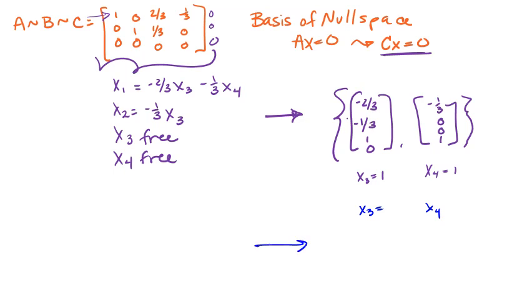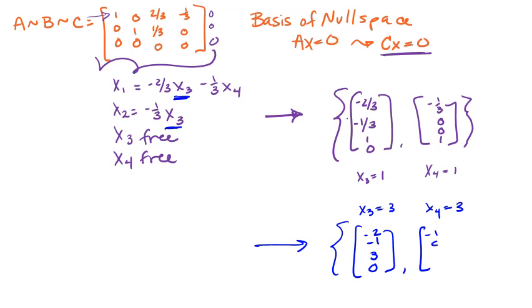So if x3, for instance, is 3, then that will omit the fractions when you plug them in here, right? So then if that's 3, you would have negative 2, negative 1, 3, and 0. And if you wanted to eliminate fractions for x4, you can let x4 equal 3.